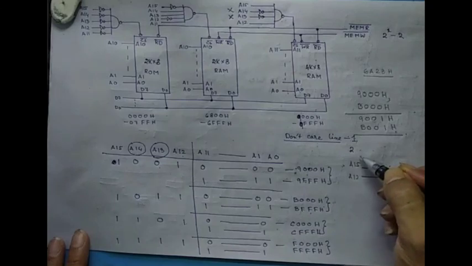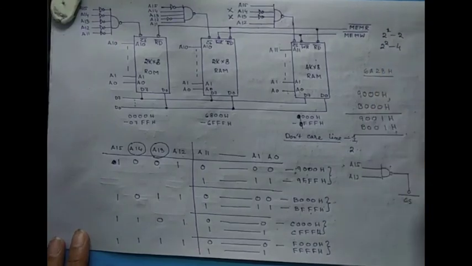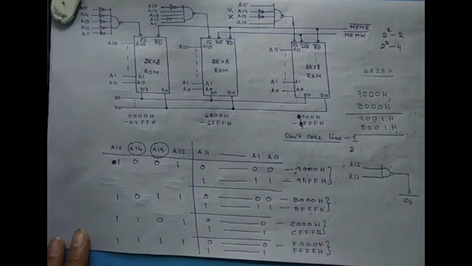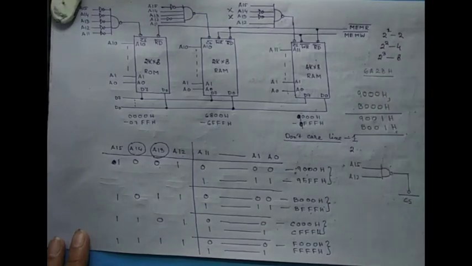Leaving two address lines out will give 2 to the power 2 or 4 different address ranges, because two don't care address lines can take 4 different possible values. Similarly, if I leave 3 address lines out, then the device will get 8 different address ranges, because the 3 don't care address lines can assume 2 to the power 3 or 8 different possible combinations of values.